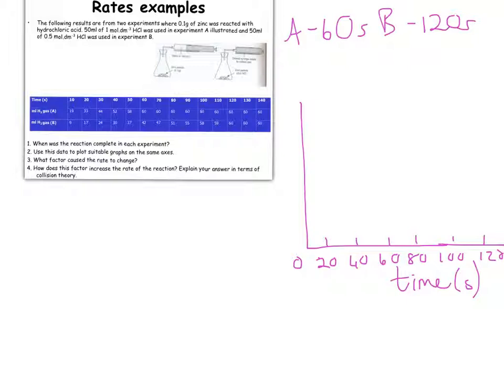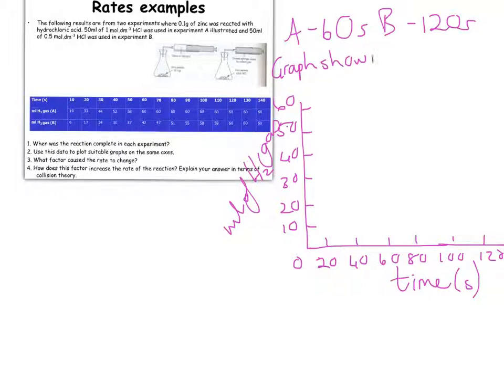And then I've labeled my axis, and then milliliters of hydrogen gas, and this goes up as far as 60, so I'm going to go 10, 20, 30, 40, 50, and 60, and I need to give my graph a heading: graph showing, and it's always y versus x, volume of H2 versus time. Underline.